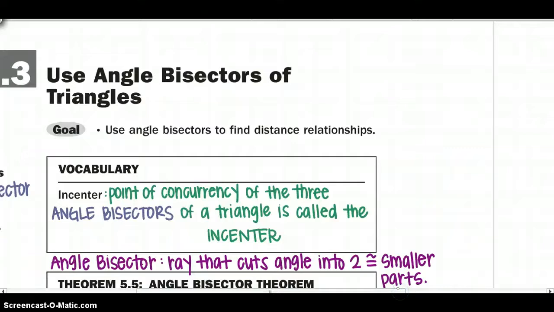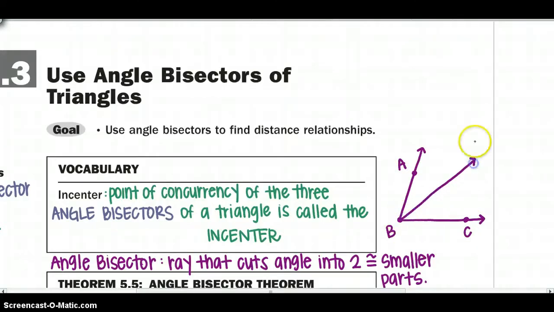Remember, if I bisect an angle, I'm not getting two congruent segments out of it. I'm just getting two congruent angles. So if I have an angle A, B, C, my angle bisector is going to be a ray that cuts this angle and makes that side congruent to that side.